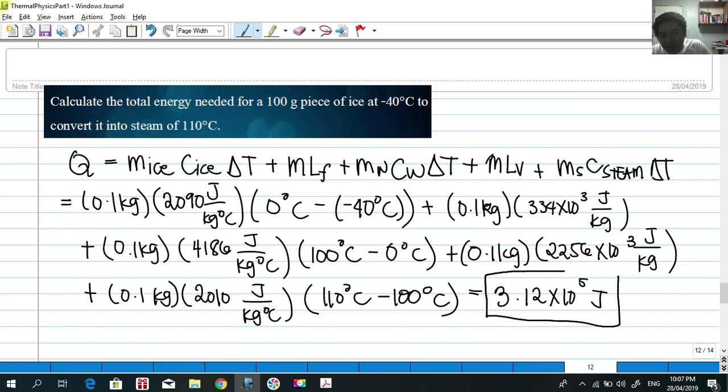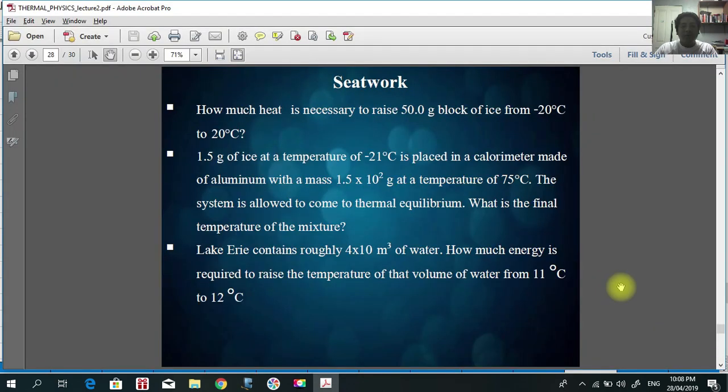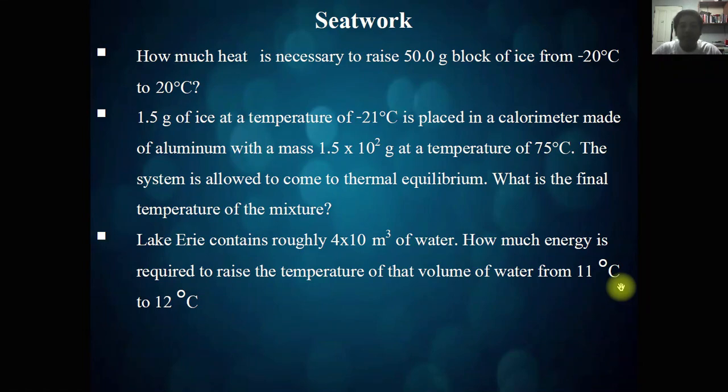Basically, this is the amount of heat required for that ice to be converted into steam of 110 degrees Celsius. And for additional work, if you wish, you can stop this video and copy this for your additional problem.